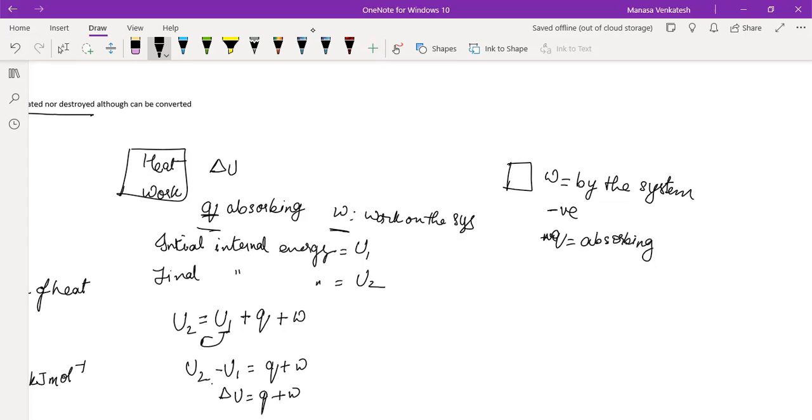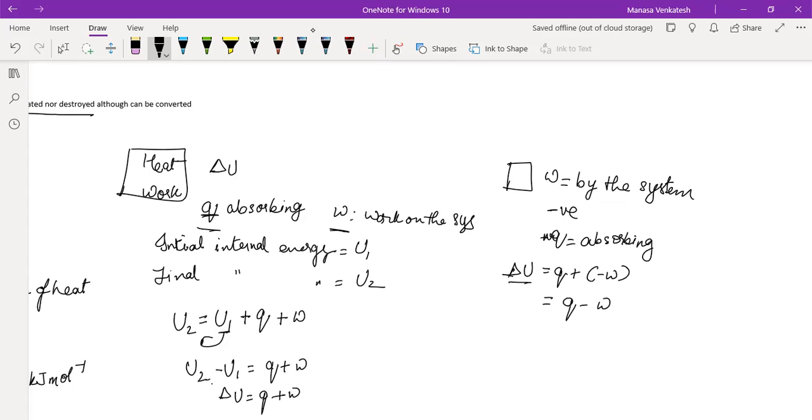Similar to the earlier case, I'm taking the direct delta U part. So delta U will be equal to Q plus minus W, so Q minus W. In this case, the change in internal energy is equal to the heat added to the system minus the work done by the system.